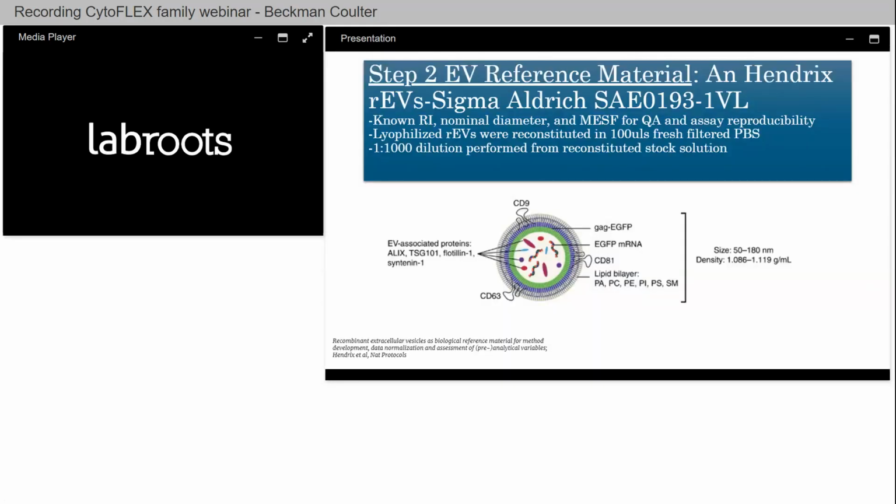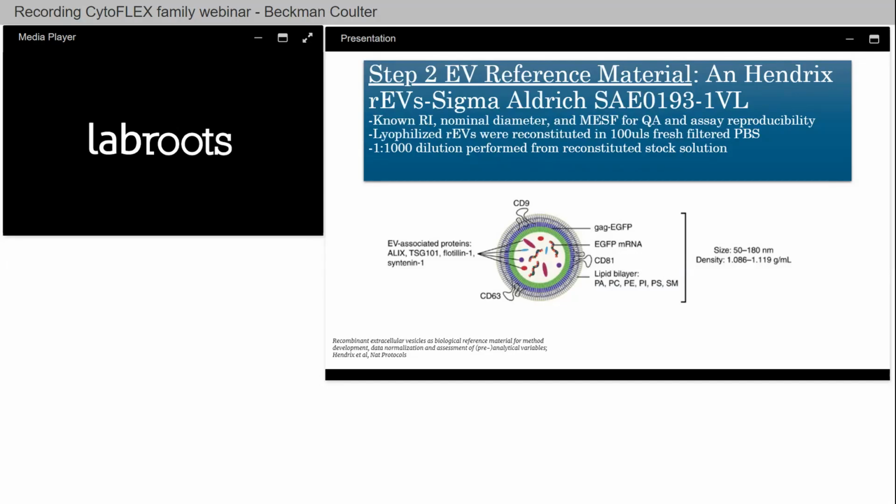So we started looking at our recombinant EVs, the EV reference material. These are now commercially available through Sigma Aldrich. They were created at Dr. Hendricks's lab and are very well characterized. Hence, they are known as recombinant EVs and are a great mimic. So knowing the size, having an intrinsic fluorescence with the GFP, and many other characteristics that are similar.